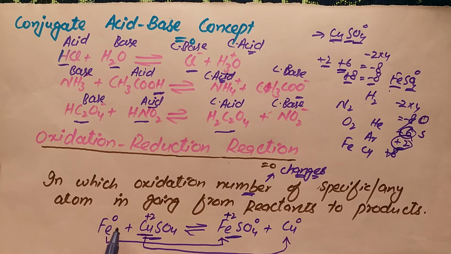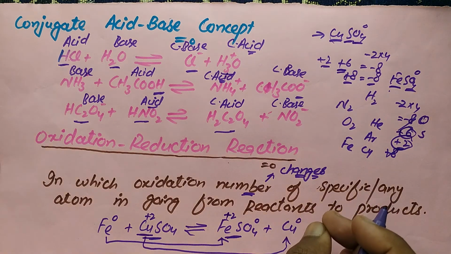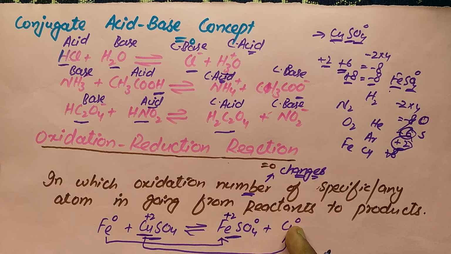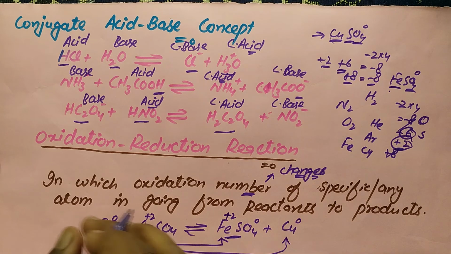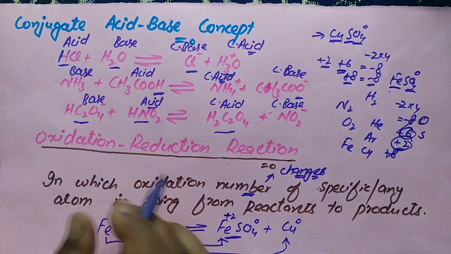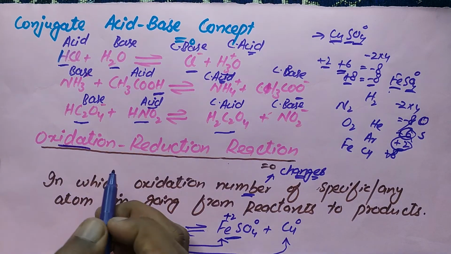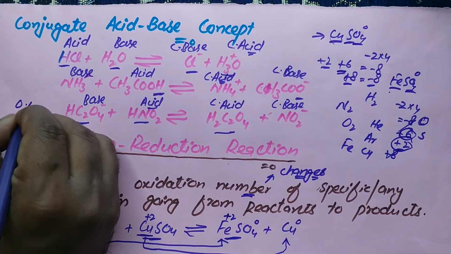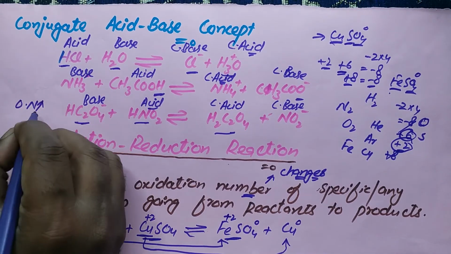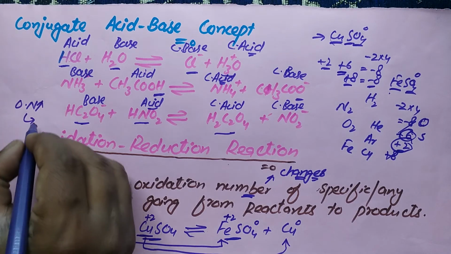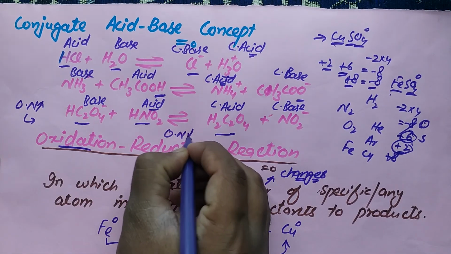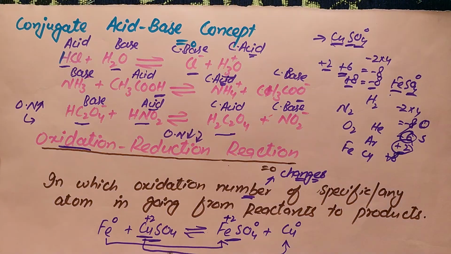So from 0 to positive 2 the oxidation number is increasing, and from positive 2 to 0 the oxidation number is decreasing. Oxidation number increasing is called oxidation. Clear? And oxidation number decreasing is called reduction.